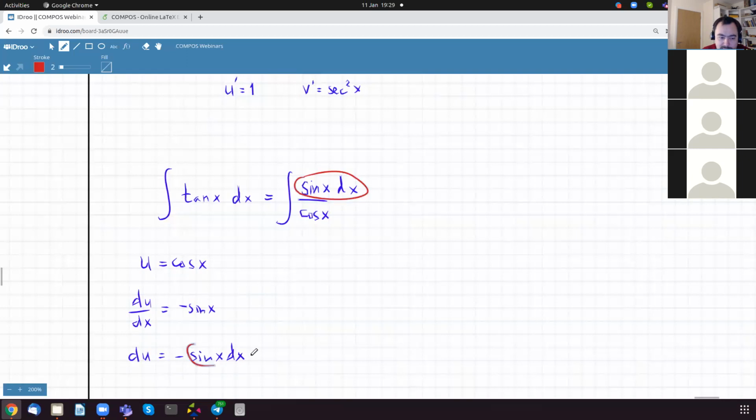So minus du is equal to exactly that, sine x dx. And that's my substitution. So it becomes minus integral of 1 over u du.